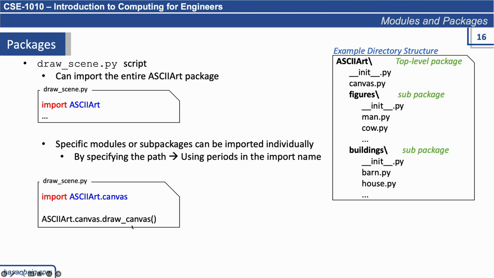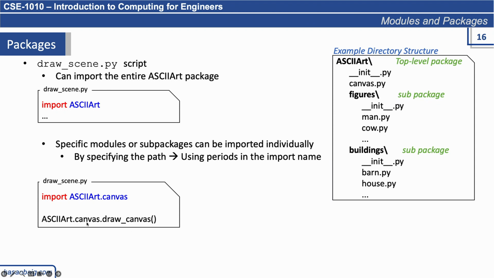Because you're using the import method, you have to specify the entire path. If it were not a part of skart, just like the example that we have just seen, shapes.py, you would refer to the function name with the help of dot notation, canvas.draw_canvas.